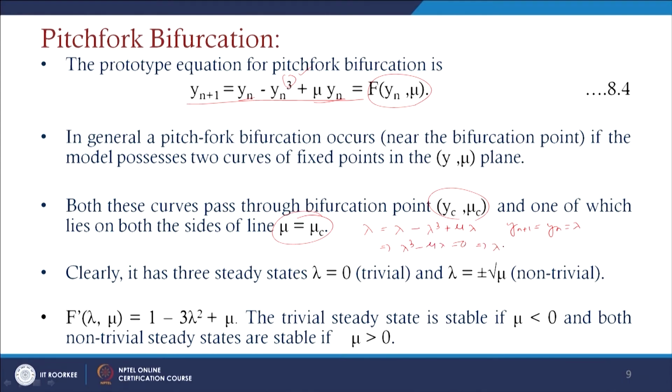We can write lambda into lambda square minus mu equals 0, and we can consider either lambda equals 0 or lambda square equals mu. If you find the roots, lambda equals plus or minus square root of mu. So we get 3 values here. For lambda equals 0 we have a trivial solution, and for lambda equals plus or minus square root of mu we have a non-trivial solution.